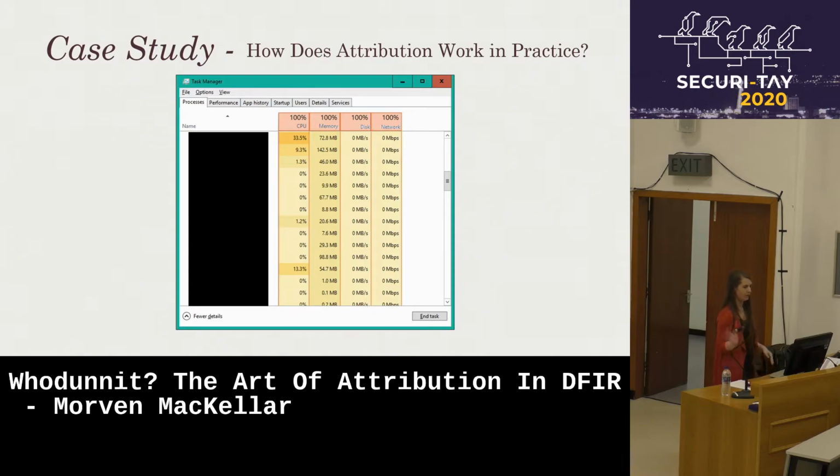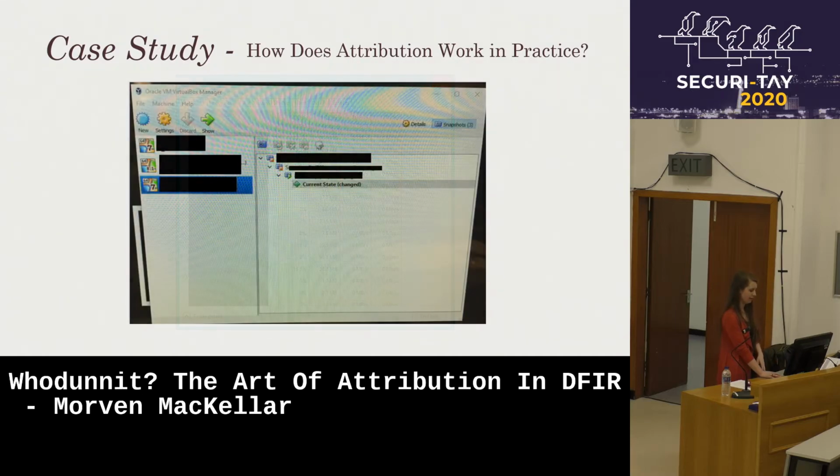So we're taking pictures of the outside of the machine, then also because the machine was on and running, we take photos of everything that's open on this machine. This led us to our first bit of attributing evidence, which was a VM management system which showed a few of the VMs that we knew were associated with this Bitcoin mining activity.